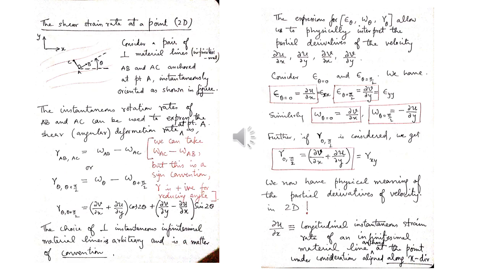So del v del x plus del u del y multiplied by cos 2 theta, and del v del y minus del u del x multiplied by sin 2 theta. Again we see that it's a periodic function because of the cos 2 theta and sin 2 theta terms, and the period is again pi, as was the case with epsilon theta, the longitudinal strain rate, and rotation rate.